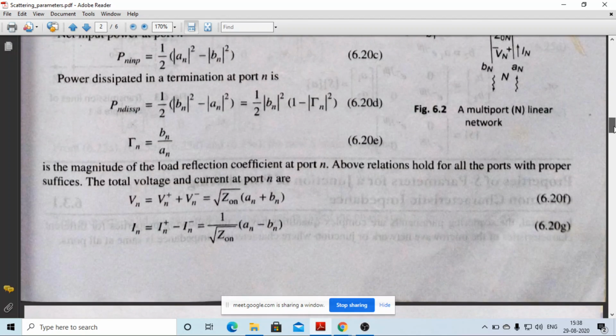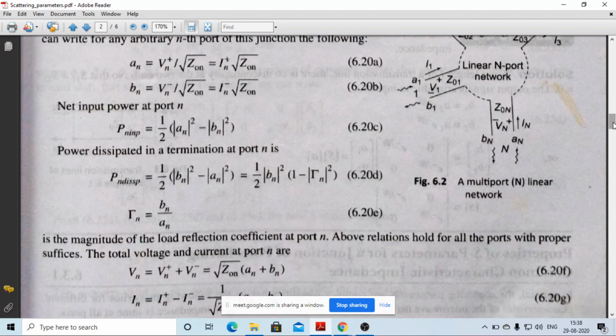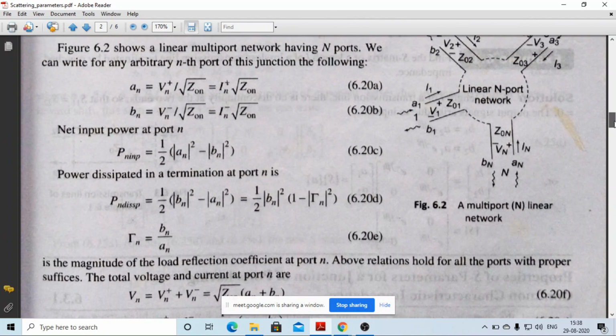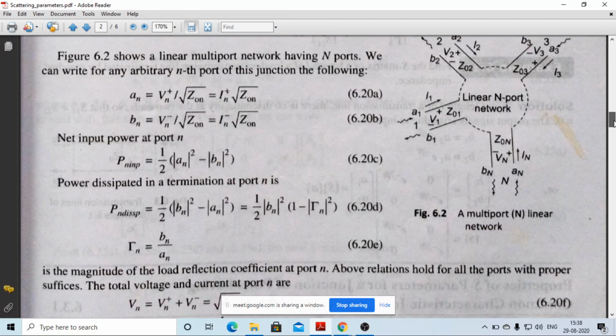Actually, we need two to three lectures for waveguide E plane T, H plane T, and the magic T. And before that, we have also to discuss some transmission lines, because we just talked about the two-wire transmission line, but we have to discuss the strip line, microstrip line, and planar transmission lines.